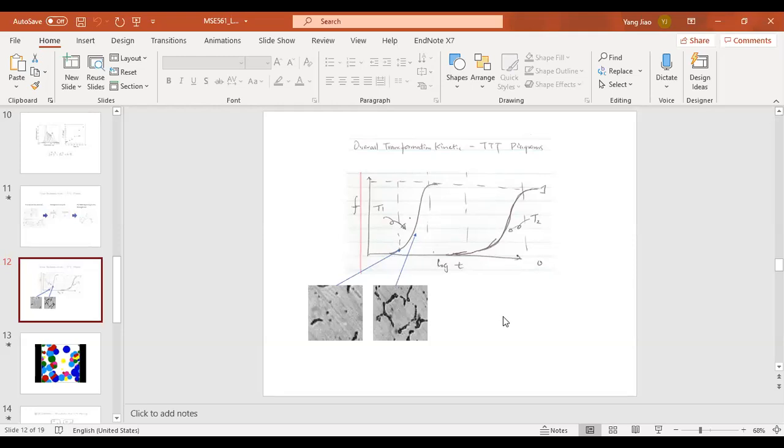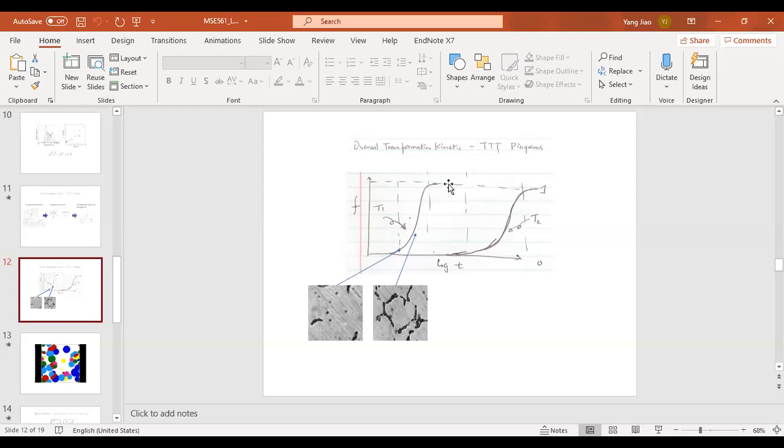From the phase diagram, for a given temperature, like T1, you can compute the equilibrium amount of this beta phase. So F is the fraction of the phase that has already transformed over the predicted equilibrium amount.